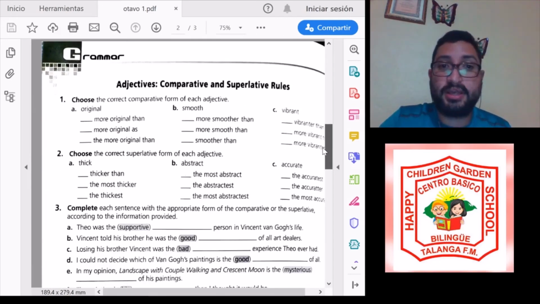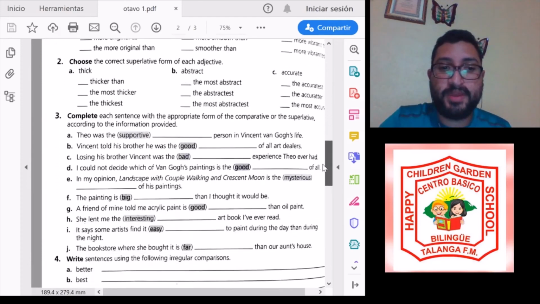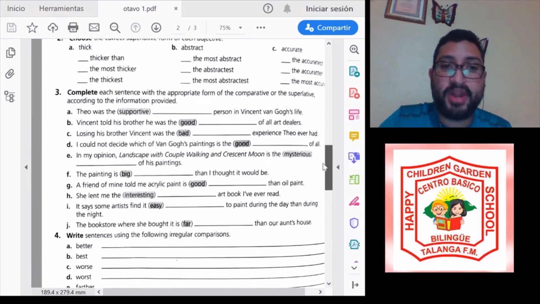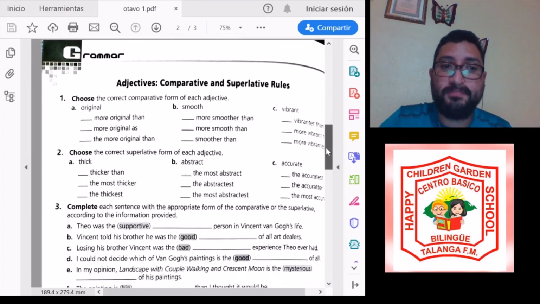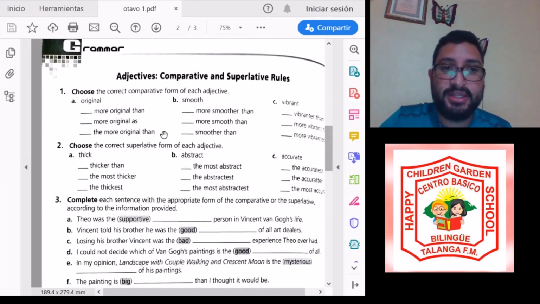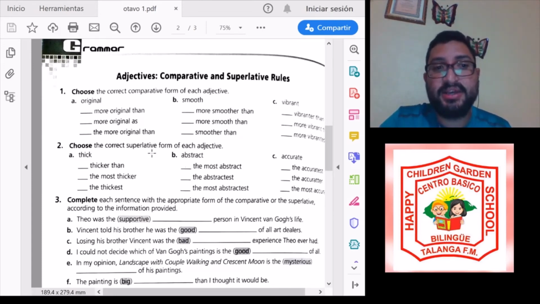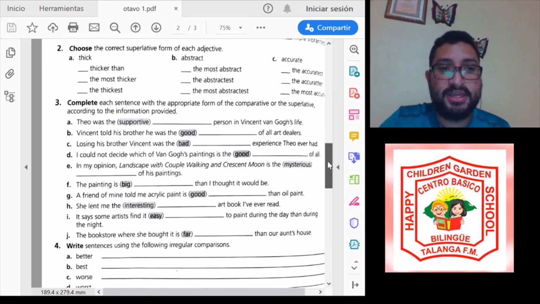Now, on the next page, we're going to be working on page number 8 of your workbook. We're going to complete this structure over here. We're going to correct the comparative form of this adjective. Choose the correct superlative form for these adjectives. Remember the rules that we have seen.